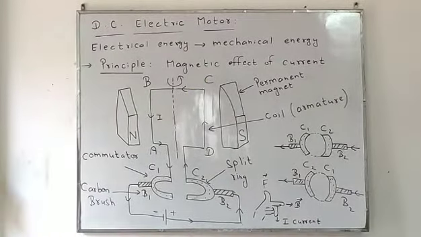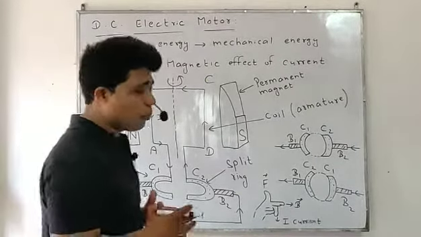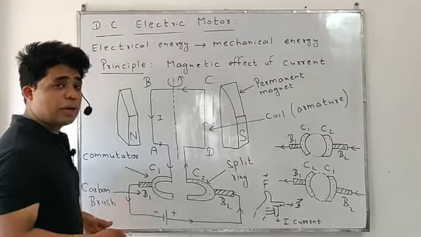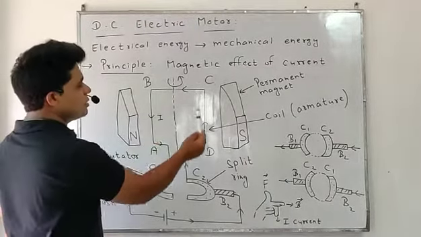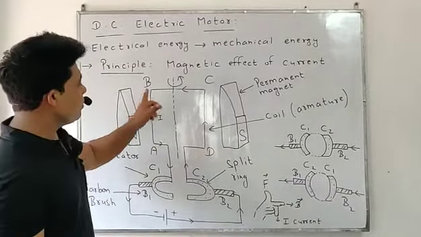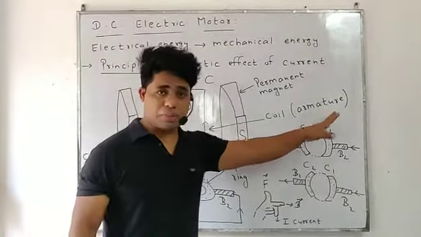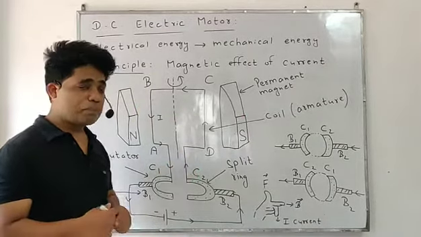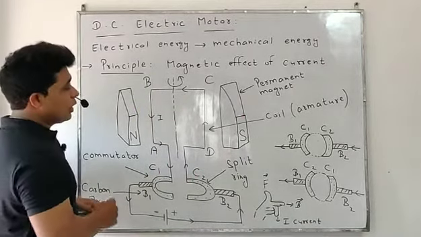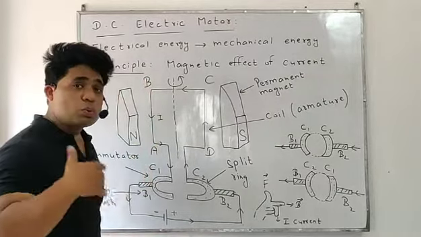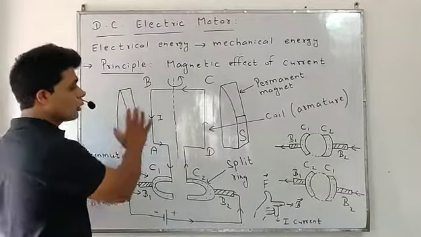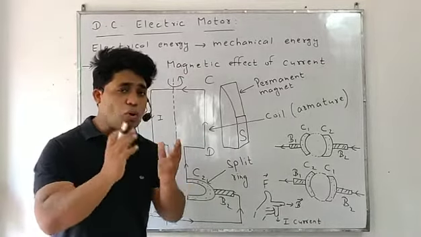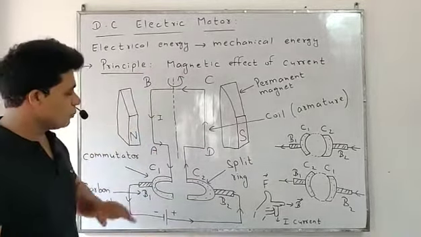Okay, now students, the main important part, its construction. First of all, it consists of a rectangular frame, rectangular coil A, B, C, D. It is said to be the coil or armature. It is made of a soft iron core. Now this coil is placed between two strong permanent magnets, north and south pole, that produce a strong magnetic field around the coil.